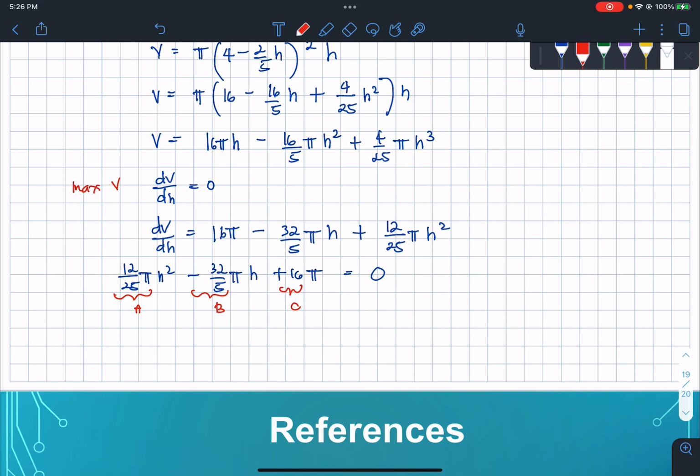So a is 12 pi all over 25. Then our b is negative 32 pi all over 5, and then c will just be 16 pi.